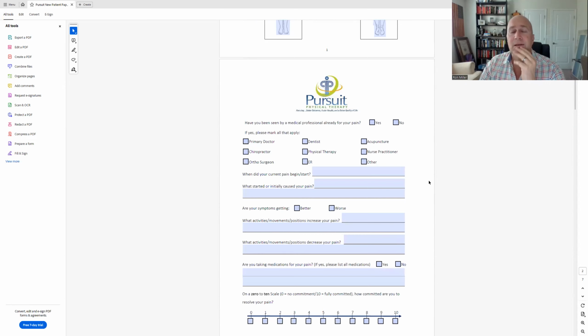In the state of Florida, we have 30 days direct access if they've never been seen by a practitioner of record. So one of the ways, besides our history taking during the eval, is to document if they've ever been seen by a practitioner of record. I added this into my new patient paperwork here. These are our practitioners of record that are in our Practice Act.